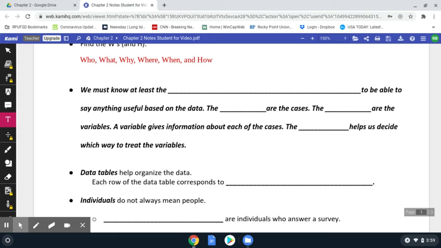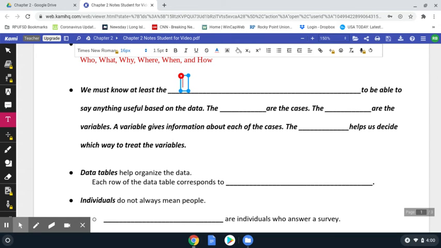So let's focus on these W's for a minute. Taking a look right now, we are checking out what do we need to know for the minimum to be able to say anything useful about the data. All right, so we talk about these six different items, and let me move that over a little bit.